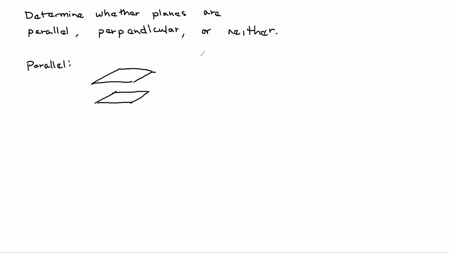And if you go through and take the normal vector for one and just draw it, it passes directly through the other. And if it's normal to one, it's going to be normal to the other. So that gives us parallel planes.